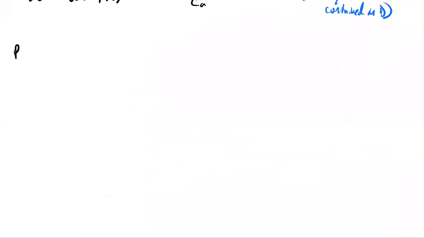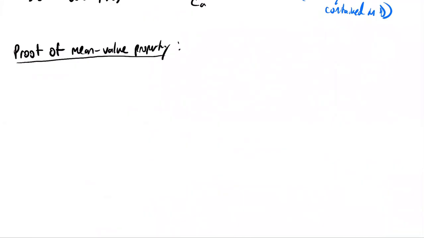Right, so let's do the proof quickly. What I'm going to do is define a function v of x, y. It's going to be my function u from before, but shifted by a little bit.